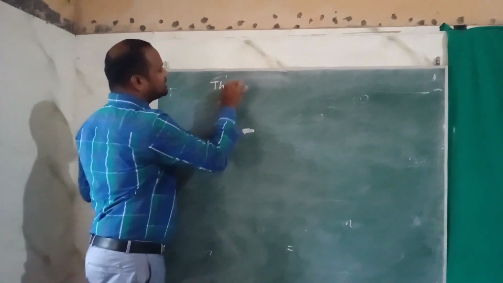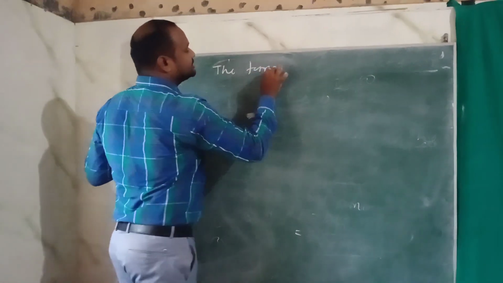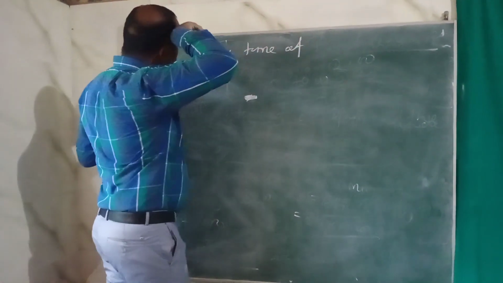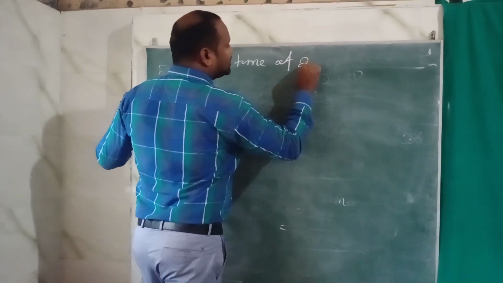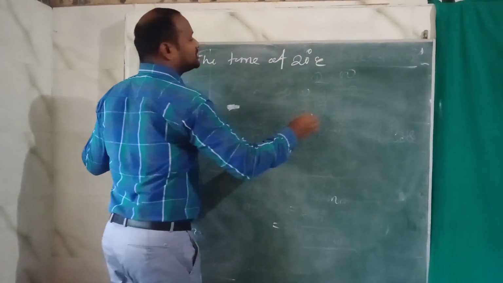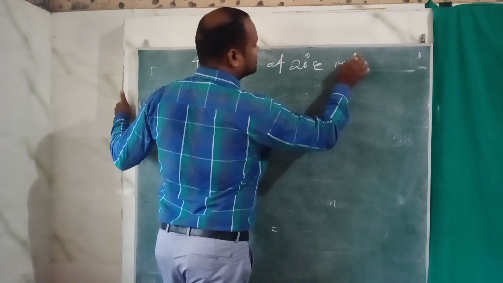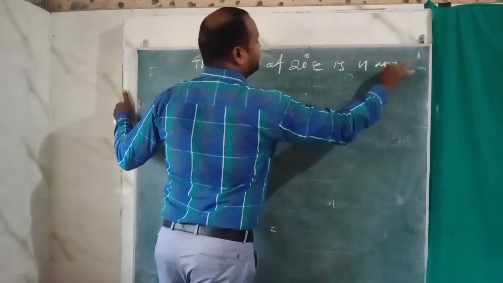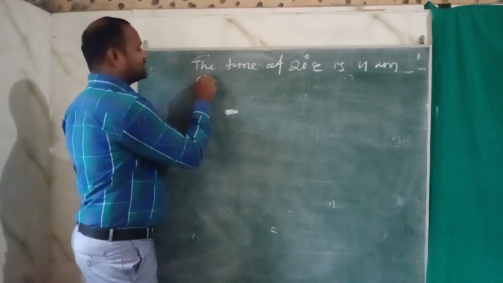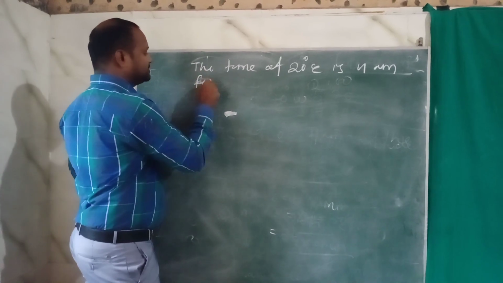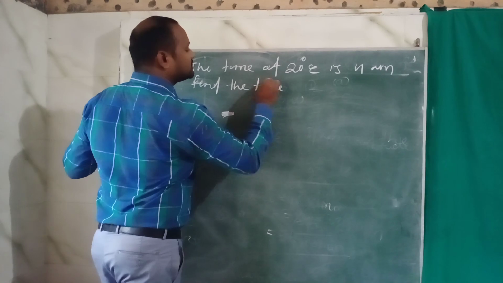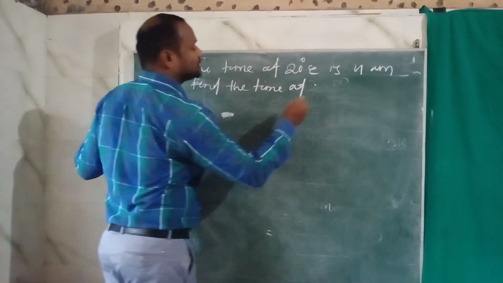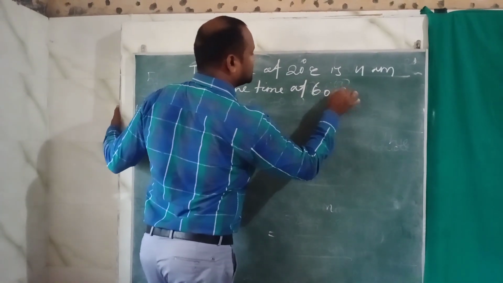The time at, for example, 20 degree east is 4 AM, and find the time at 60 degree east.